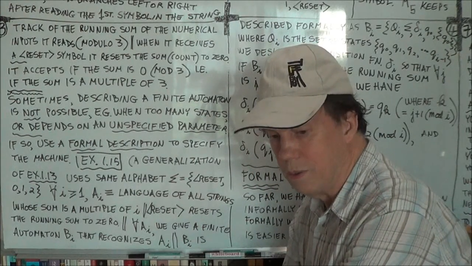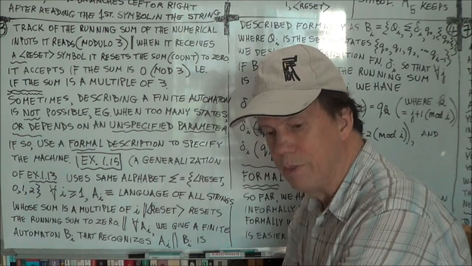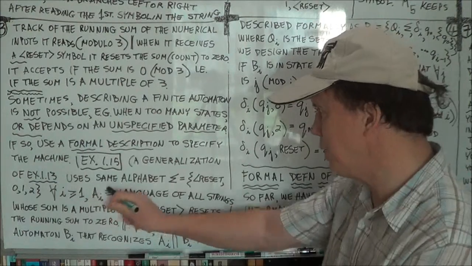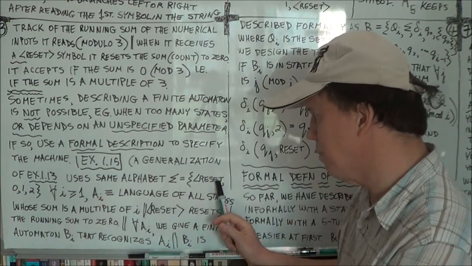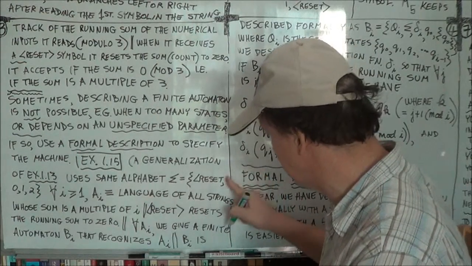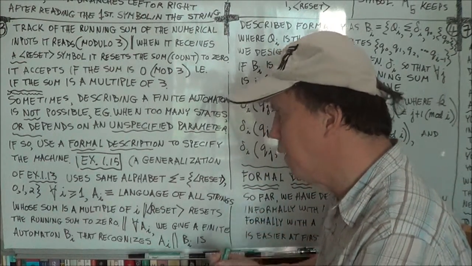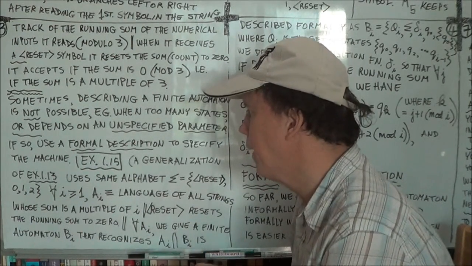So your input alphabet is the same. Yeah, it uses the same alphabet, capital sigma. So reset, I should have forgotten to put that here. So reset, 0, 1, 2. So the input alphabet's the same.